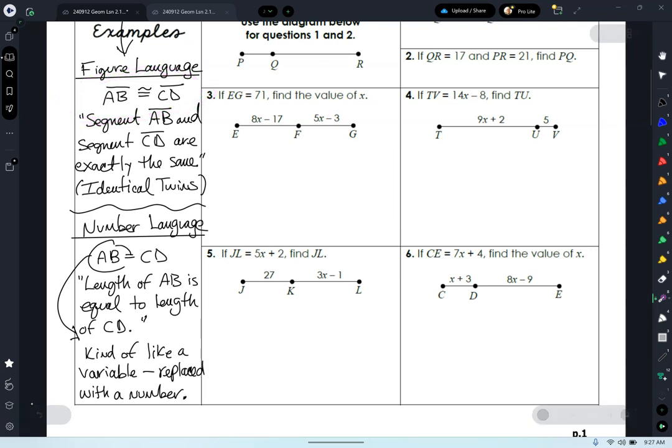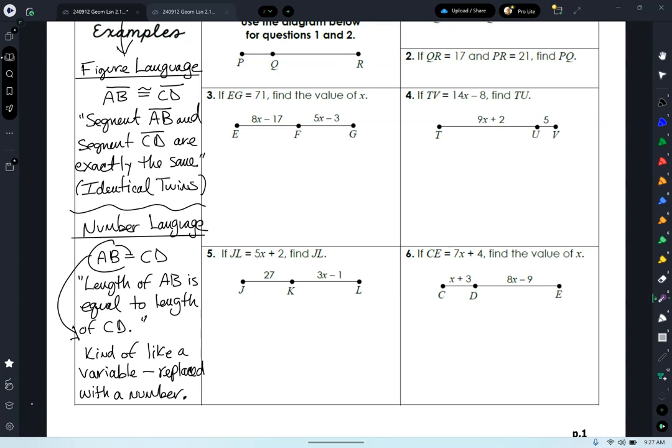Now, depending on the geometry class that you're in, some are more stickler about this, some don't even care about it, okay? I tend to ride a little bit in the 60% side, 65% leaning towards stickler. It's important you know the difference, all right? Like if you go to do an IXL proof, you actually have to change from figure language to number language before you can do your math problem, and then go back to figure language before you can finish your proof.